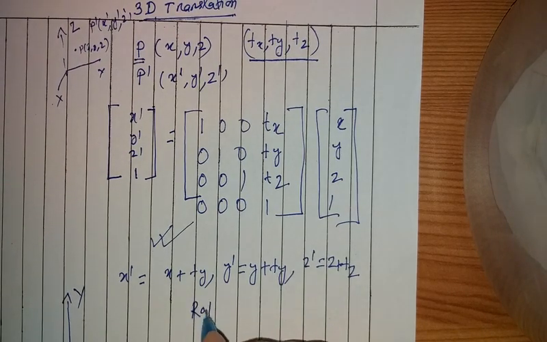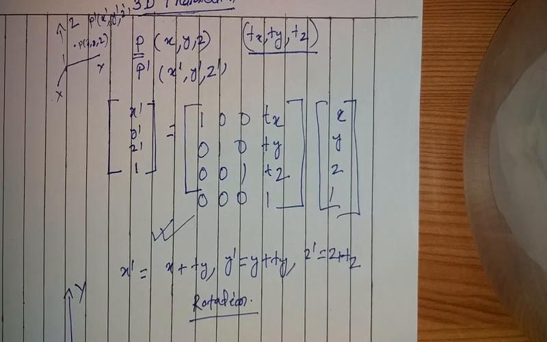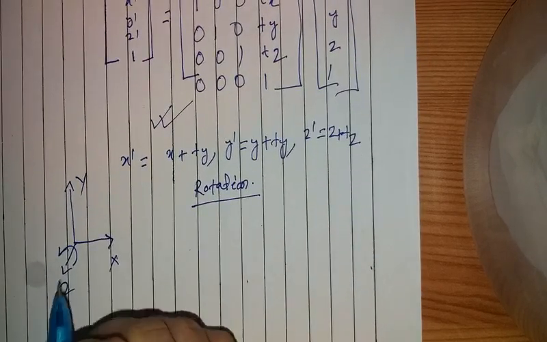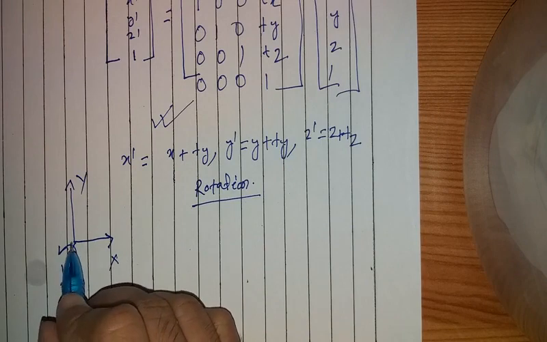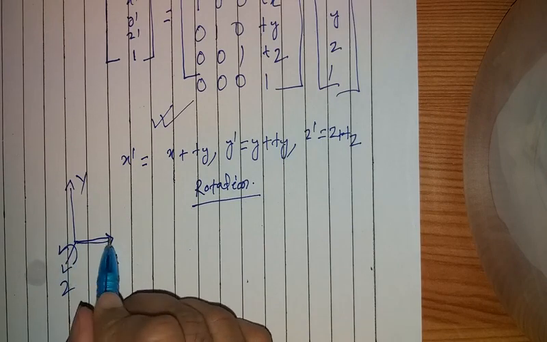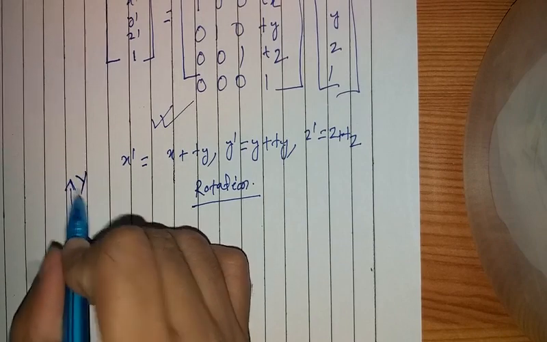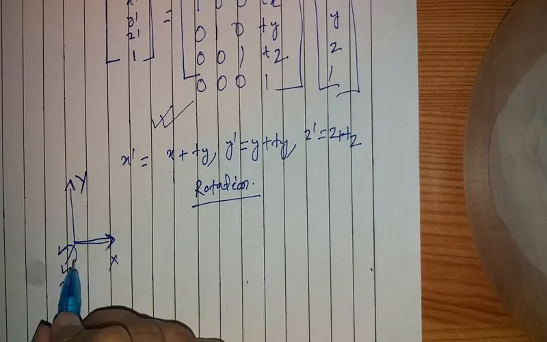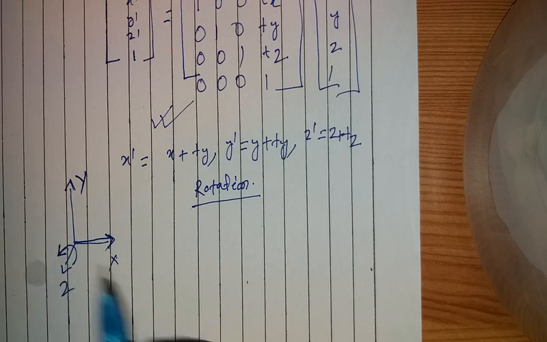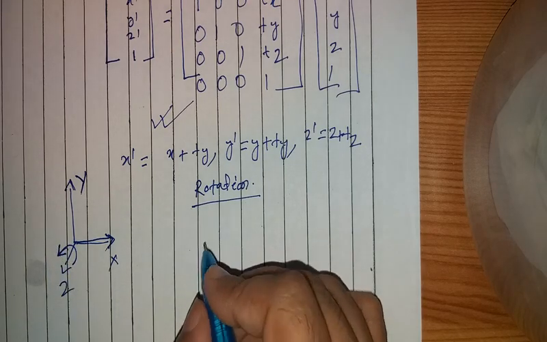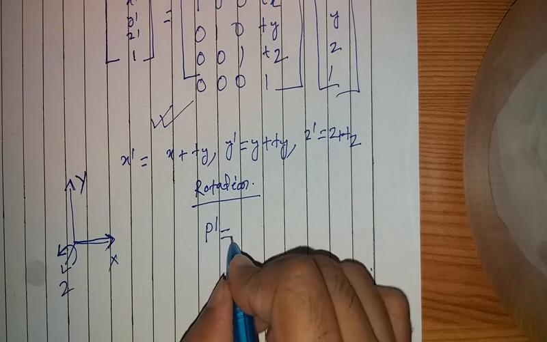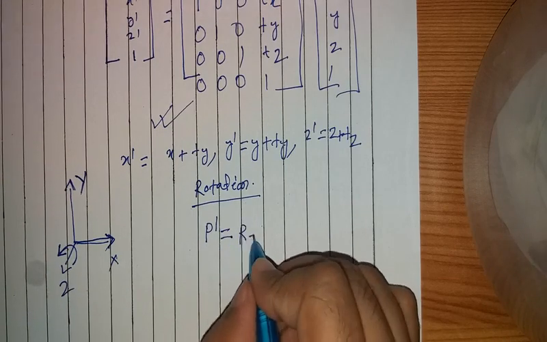Now next we will see rotation, and this is our axis. See it carefully. This is the z direction, this is the x direction, and this is the y direction, and we are going to rotate about the x axis in the anti-clockwise direction in this way. So what will be the equation? This is the p dash new coordinate, this is the operation.